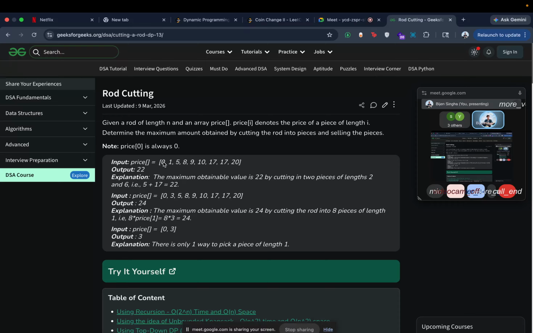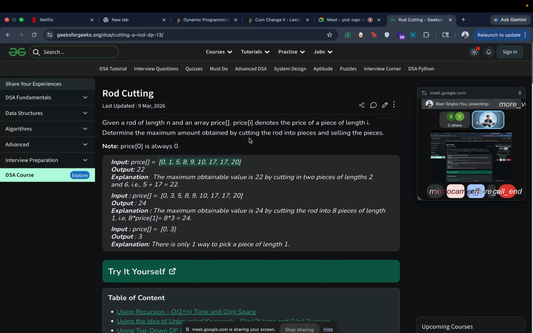So basically what is the length here? It is 1 0 1 2 3 4 5 6 7 8. Okay, length is 8, total 8. Determine the maximum amount obtained by cutting the rod into pieces and selling the pieces. So price 0 is always 0.